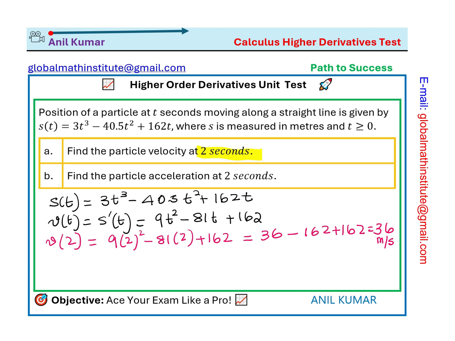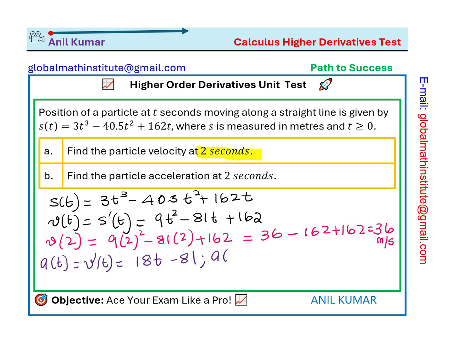Now, let's get back to part B, where we need to find the acceleration at 2 seconds. What is acceleration? It is the derivative of velocity. Velocity was 9t squared minus 81t plus 162. 9 times 2 is 18, so it is 18t minus 81. Find the acceleration when time is 2.